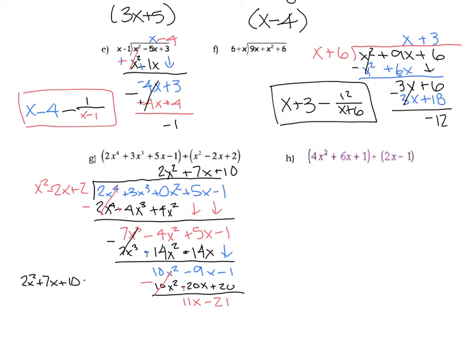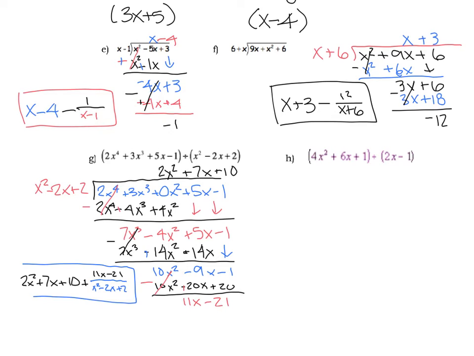Now my remainder is positive, so I'm going to put a plus. And now remember, my remainder is going to be a fraction. It'll be 11x minus 21 over what we were dividing, which is the x squared minus 2x plus 2. So that would be the answer for this problem.